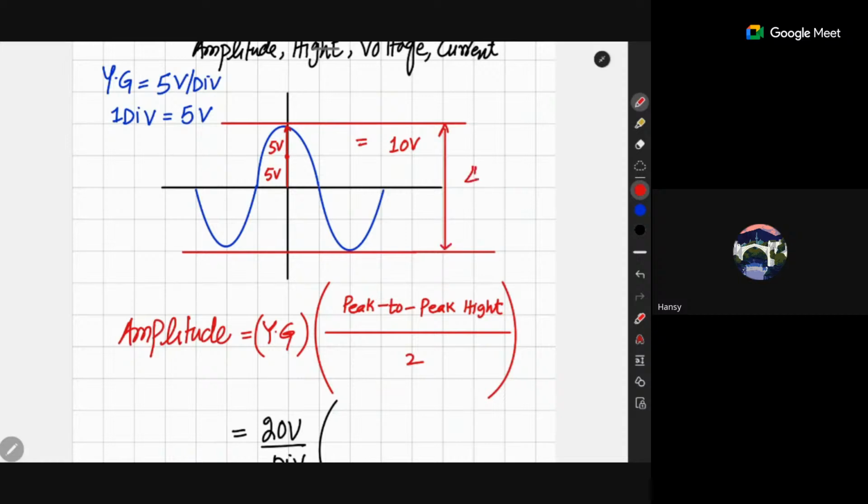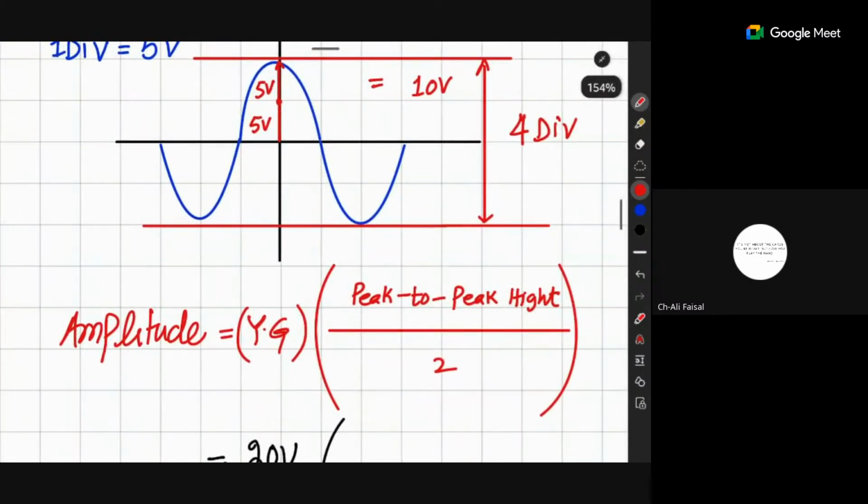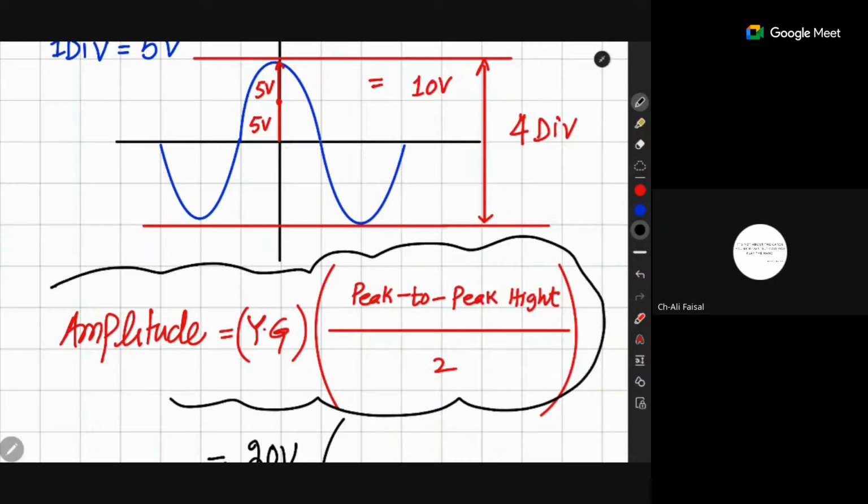Is it clear to everyone, or should I repeat it? I'm saying that basically this is the main formula, the master formula, that if you want to calculate the amplitude of any wave, you just use this equation.